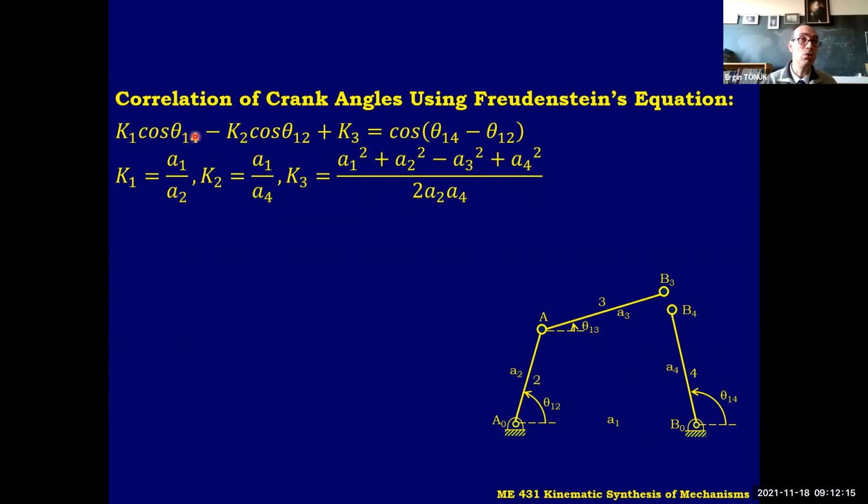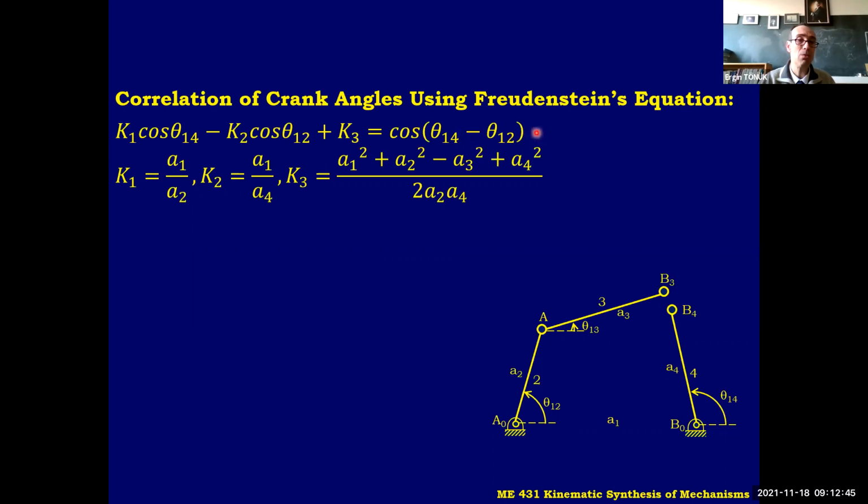Now, you could use this equation for kinematic analysis, okay? For given link lengths and say crank angle, you can determine theta 1,4. But using it in this form or just eliminating theta 1,3 from the loop closure equation has no difference, okay?